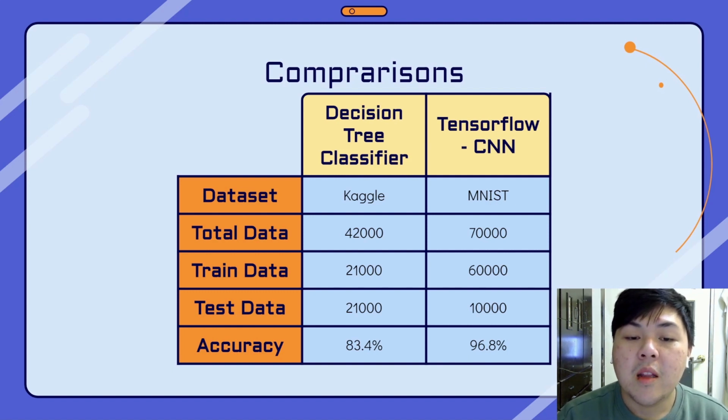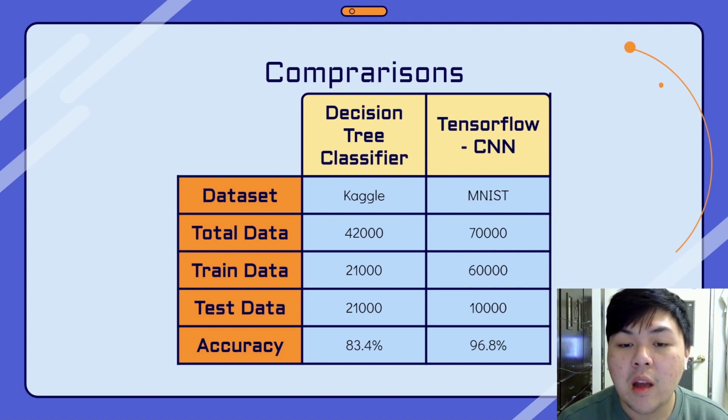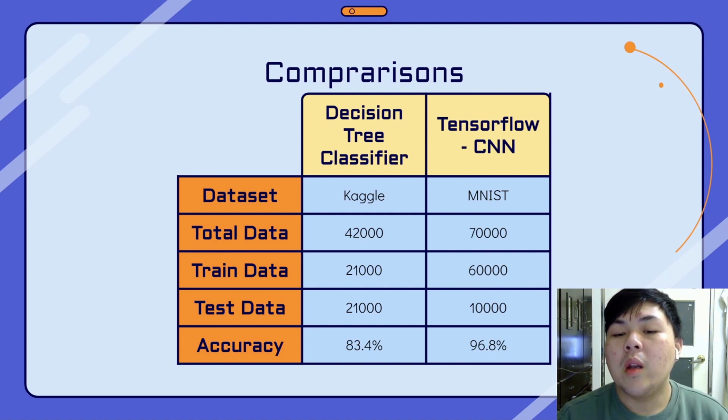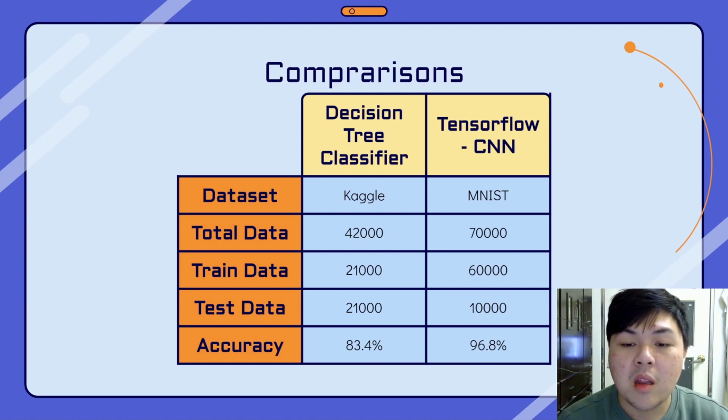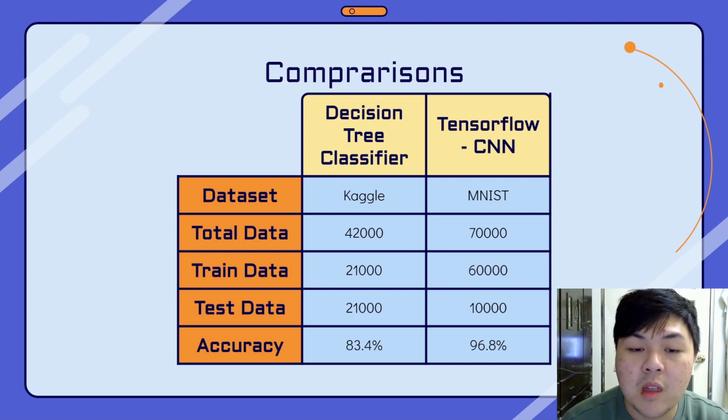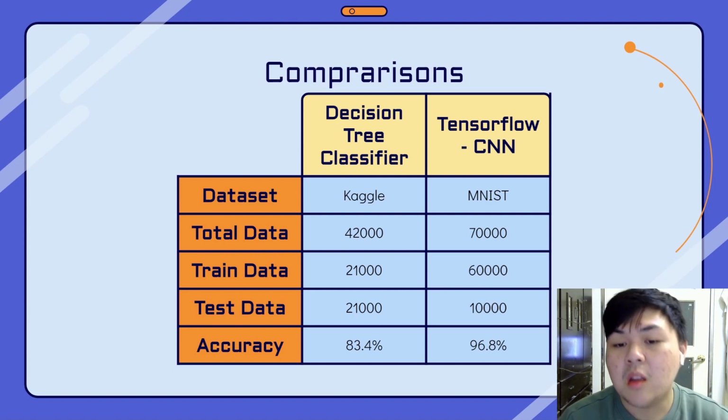That method uses Kaggle as the dataset, while mine is MNIST with 70,000 samples, with 60,000 training samples and 10,000 test samples. The difference with the Kaggle dataset is that it has 42,000 samples, of which 21,000 are for training and the other 21,000 are for testing.